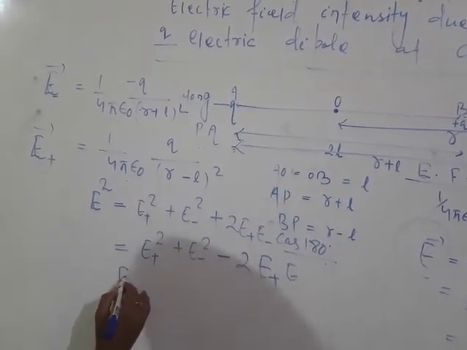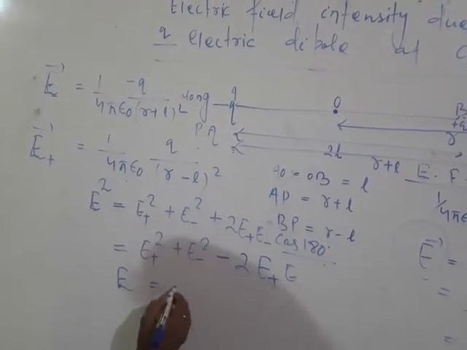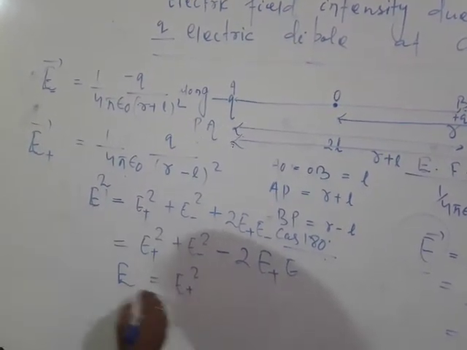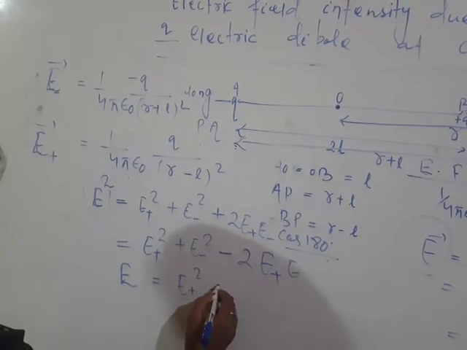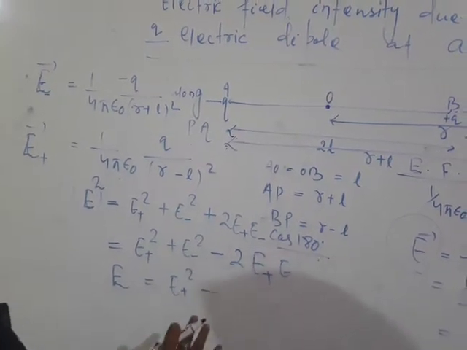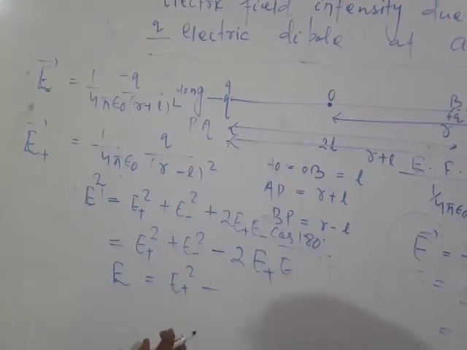And if we want to calculate E, so E equals square root of E plus square, here we have taken the magnitude, E plus square, this one is a square plus b square minus 2ab, so this one is a minus b whole square.